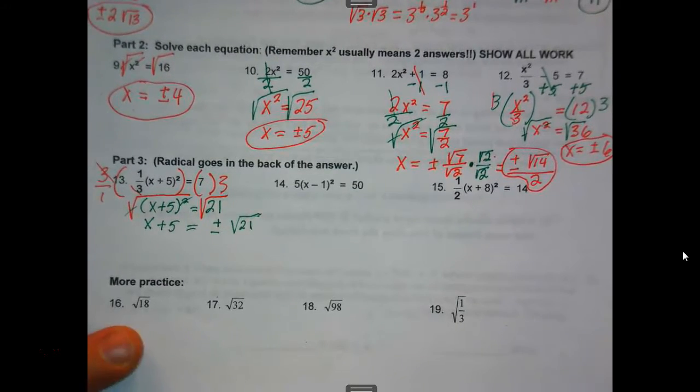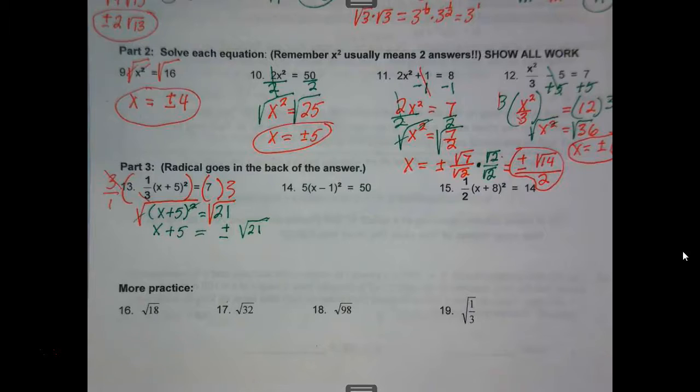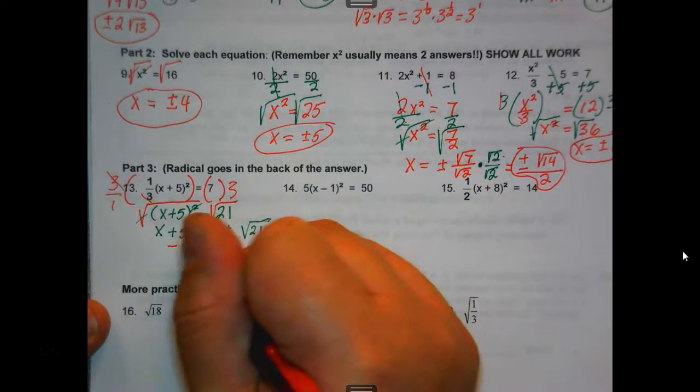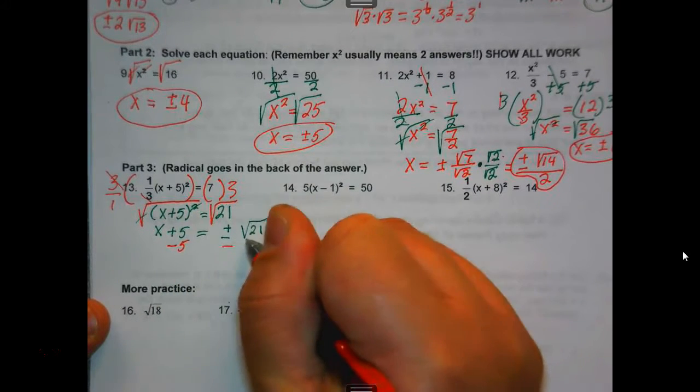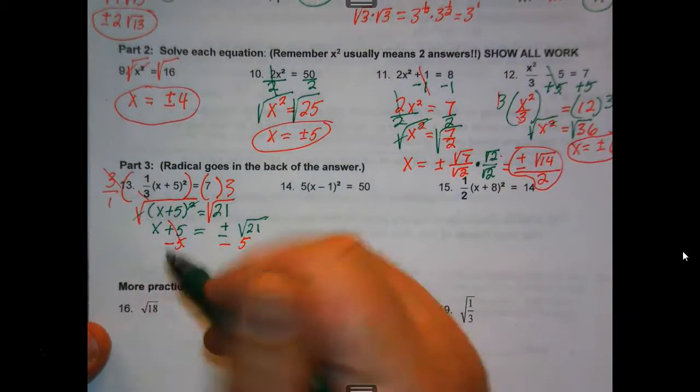No, we cannot simplify the square root of 21. It's still got to get x by itself, right? Minus 5. Minus 5. Okay, so what does x equal?